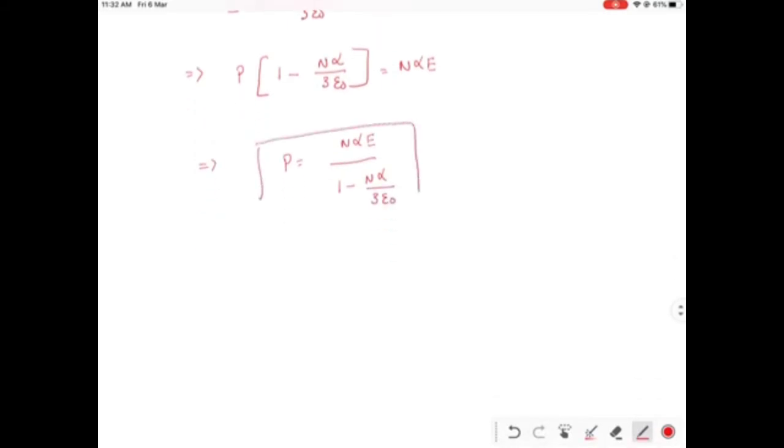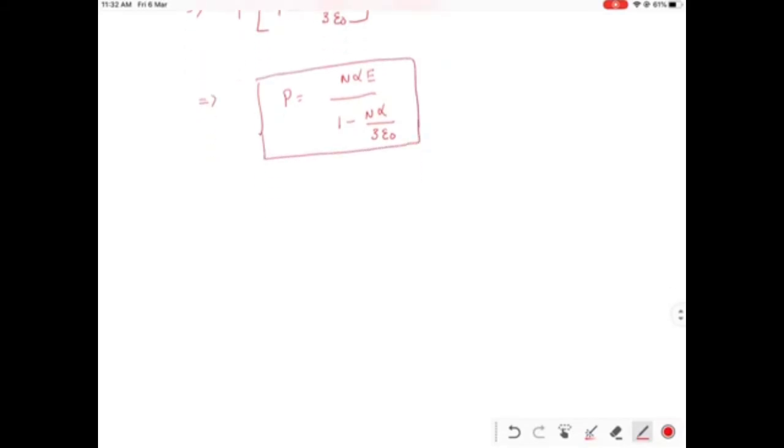This is one equation for the polarization vector.